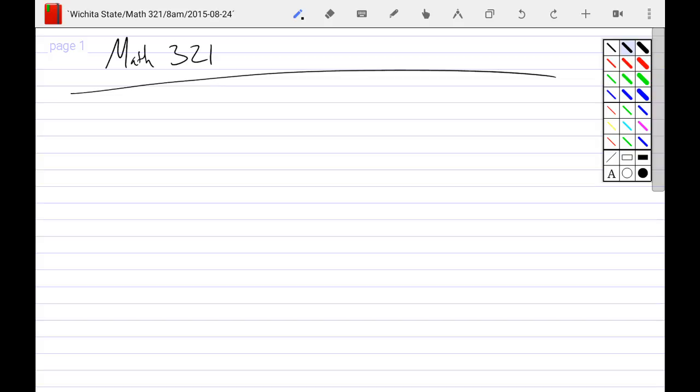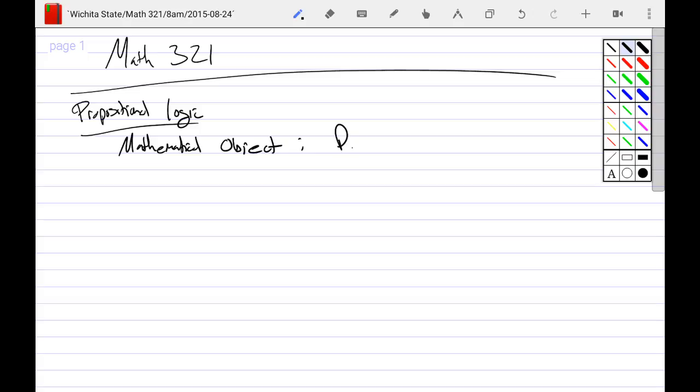So what we had stopped on was propositional logic. The mathematical object was declarative statements, propositions.